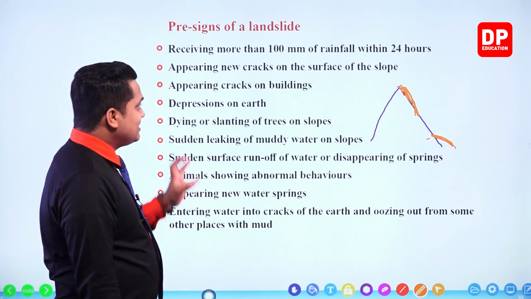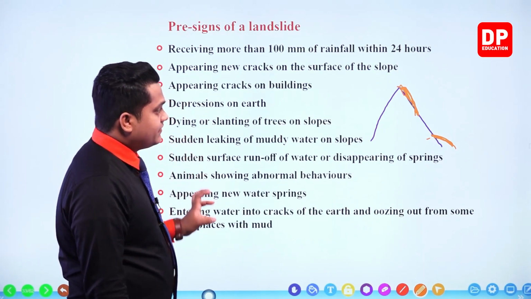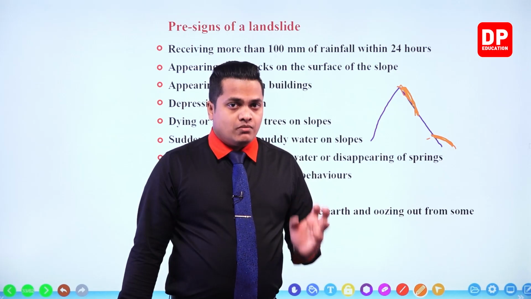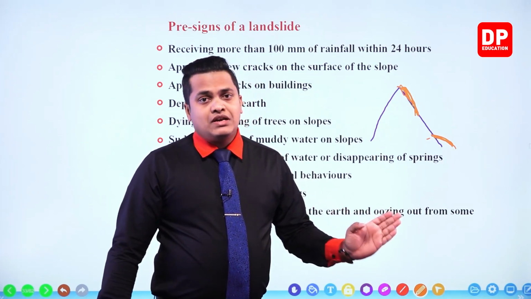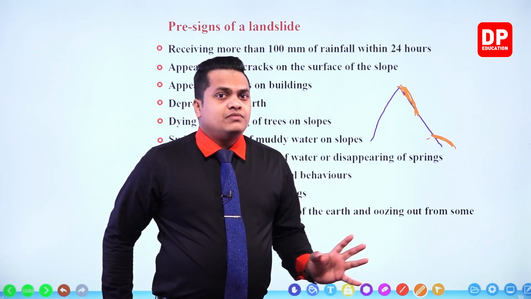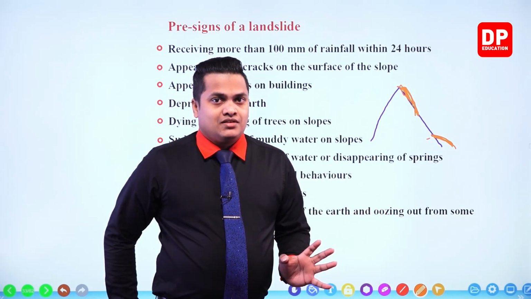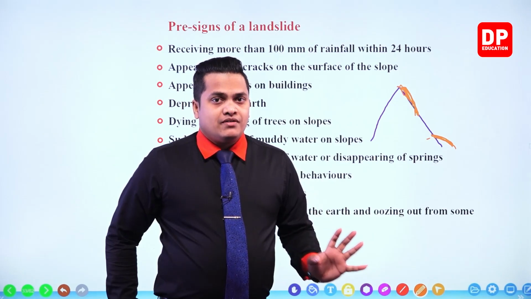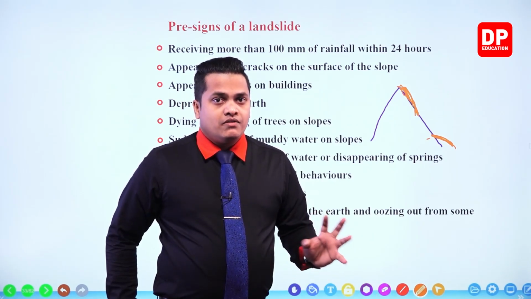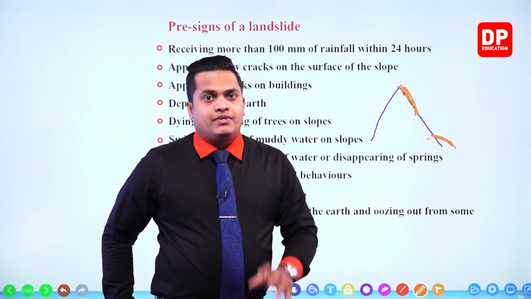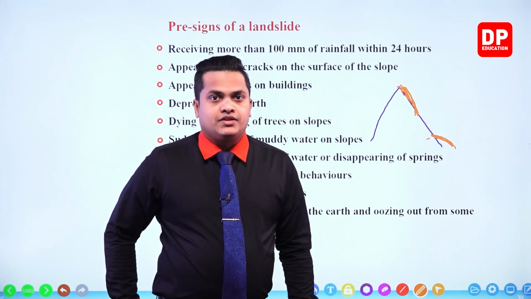So these are the several pre-signs that we can observe before a landslide. If you can observe at least 2 or 3 signs, it's better to keep away, or it's better to move away from that place to a safer place, my dear children.